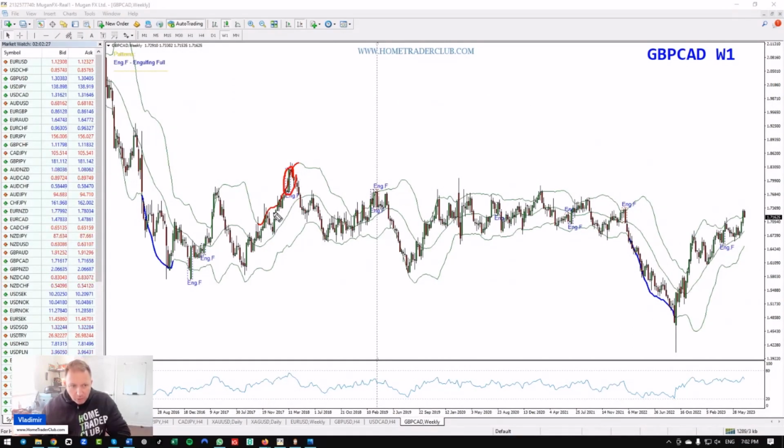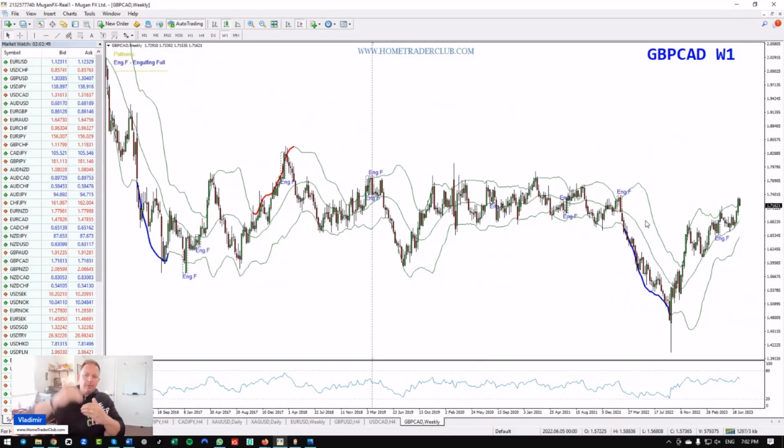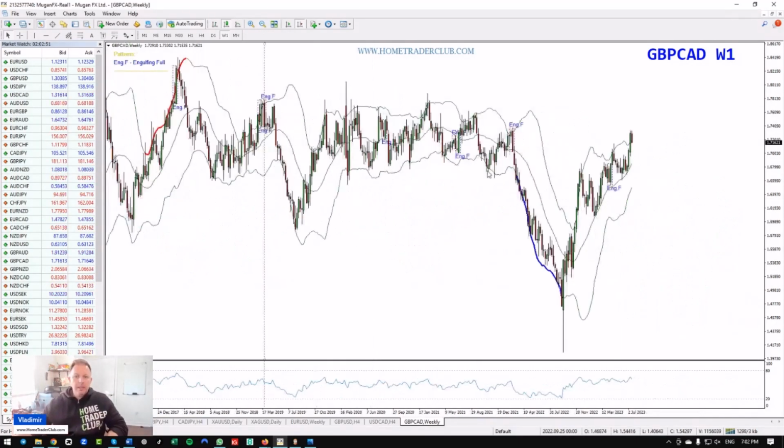A bullish engulfing on the upper band would not do anything for you. You want it from the lower band on a key important level. Like here, it will give us nothing. We don't have a trend. Or here, in the middle of nowhere, or here. So you want it to be specific on the upper or lower band.